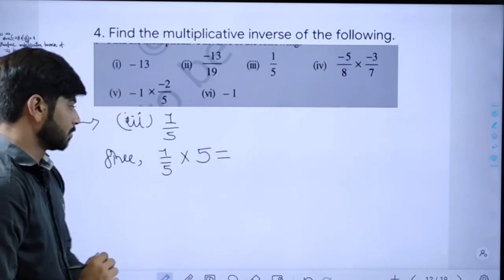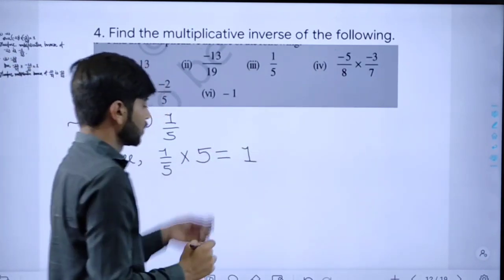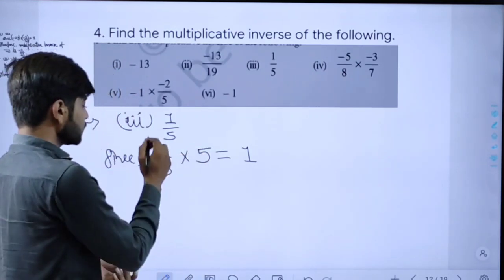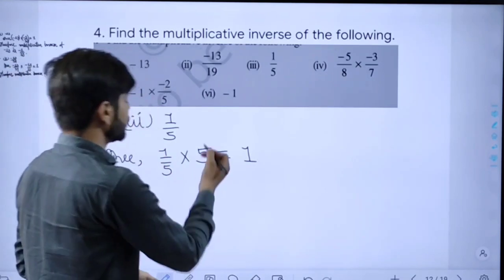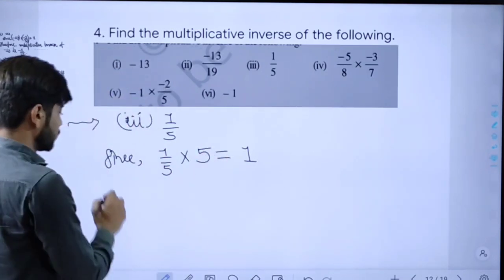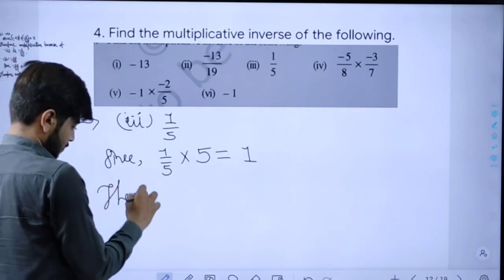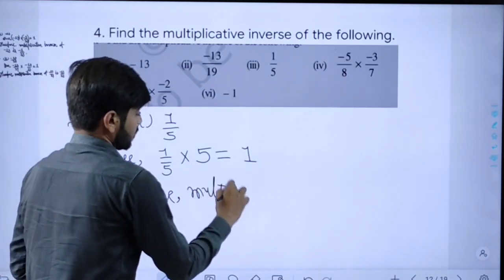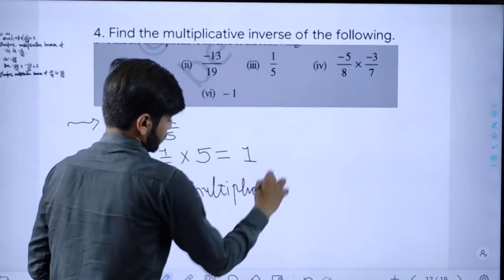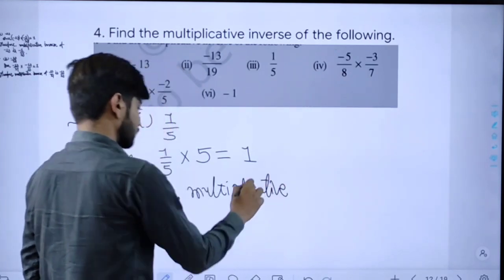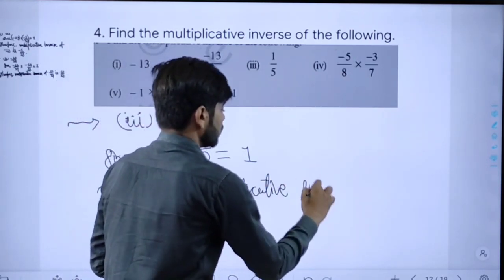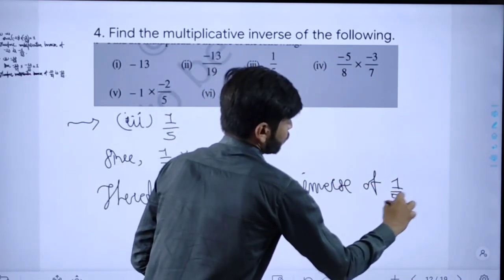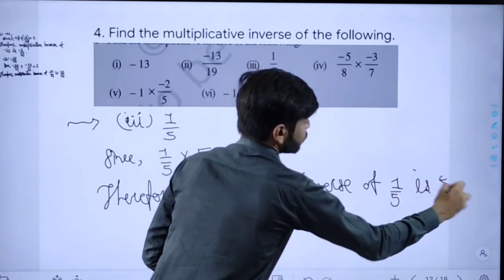So 5 will be cut and we will get 1. You can also write 5 upon 1, but it will also be 5. So 1 upon 5 has the multiplicative inverse 5. So therefore the multiplicative inverse of 1 upon 5 is 5.